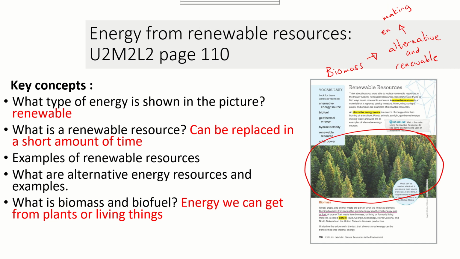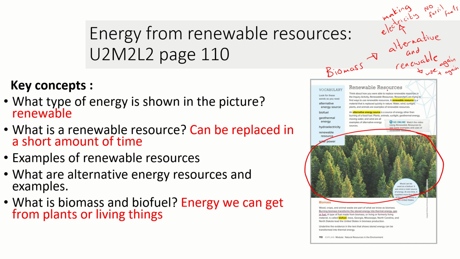So generating electricity without using fossil fuels. And renewable means we can use again and again. Okay, so because we can grow trees over and over in a short amount of time, biomass is renewable. And because it is not a fossil fuel, we also can consider it an alternative energy resource.